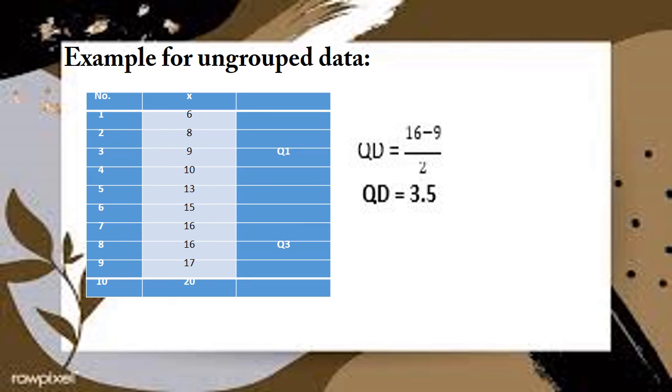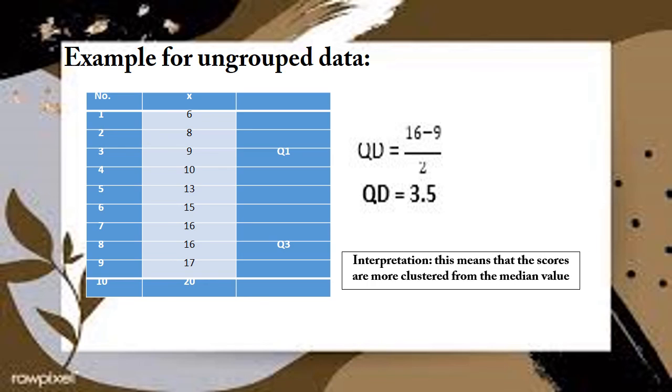So, in this table, our first quartile is equivalent to 9 and the third quartile is equivalent to 16. So quartile deviation is equal to 16, which is the third quartile, minus 9, which is the first quartile, divided by 2. So, our quartile deviation for this table is equivalent to 3.5. Interpretation. It only means that the scores are more clustered from the median value.